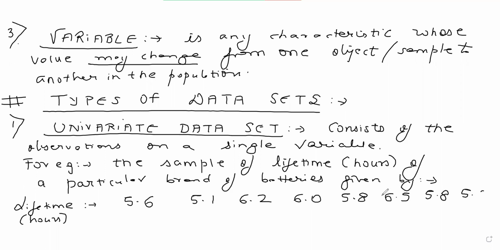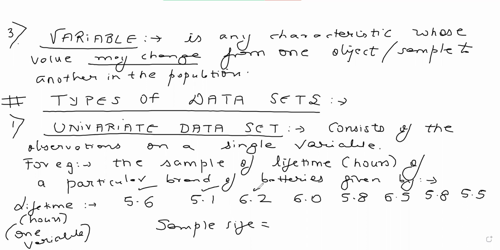This is a univariate data set. Why is it univariate? Because we only have one variable. What is the variable, guys? The variable is lifetime of a particular brand of batteries. And if I ask you what's the sample size of this, how many observations do we have? 1, 2, 3, 4, 5, 6, 7, 8. So there are 8 batteries. The sample size is 8 batteries of one particular brand.